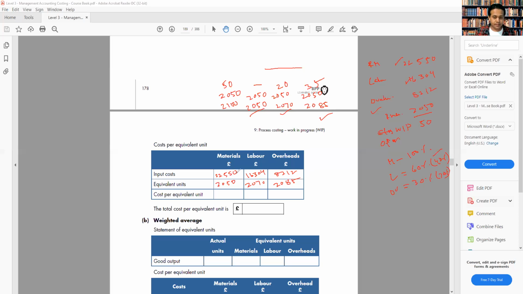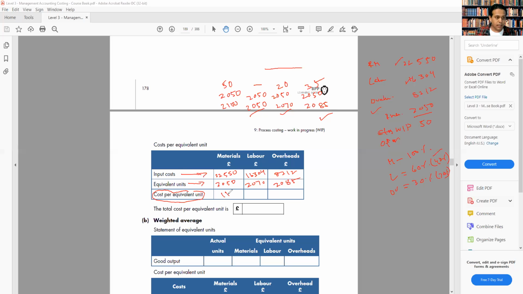So 22,550 divided by 2050, that will give you the cost per equivalent unit, because that's my total cost and that's my total equivalent unit. If I divide, the cost will be the top and the equivalent unit the bottom, and that gives me the cost per equivalent unit. So for the material, that is 11.